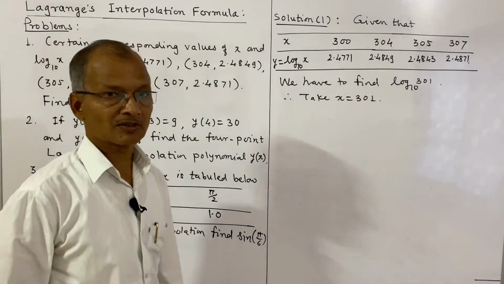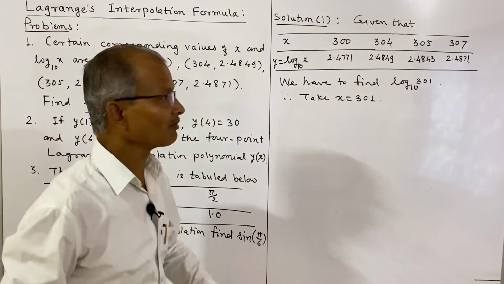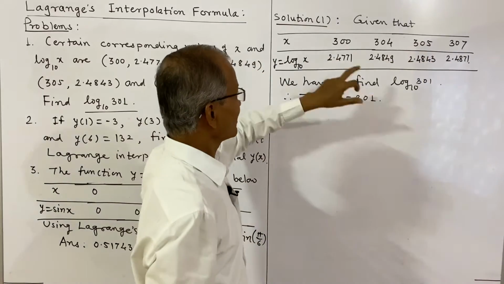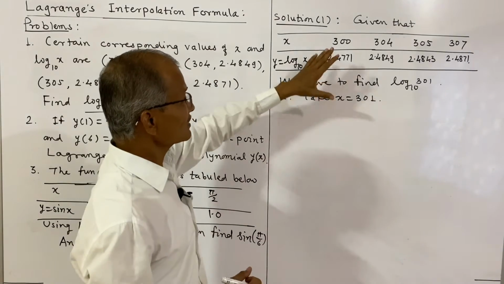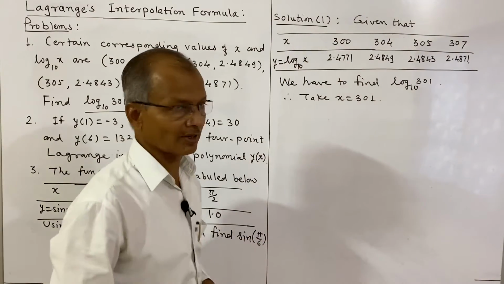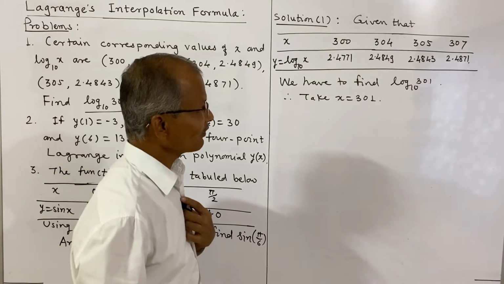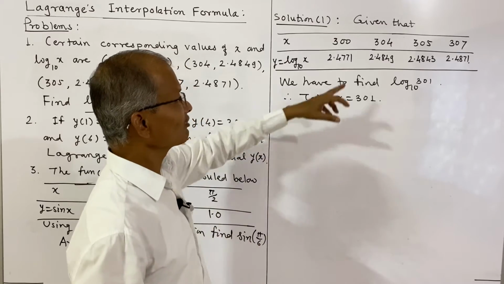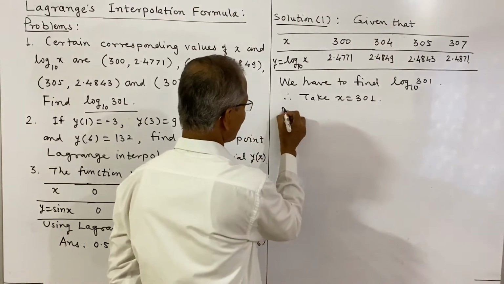As in the earlier derivation, we consider these values as x0, x1, x2, x3 and y0, y1, y2, y3. So four values are given, and therefore the polynomial will be of degree 3. If n plus 1 points are given, then the polynomial will be of degree n. So we have to write the formula for L3(x) by Lagrange's interpolation formula.